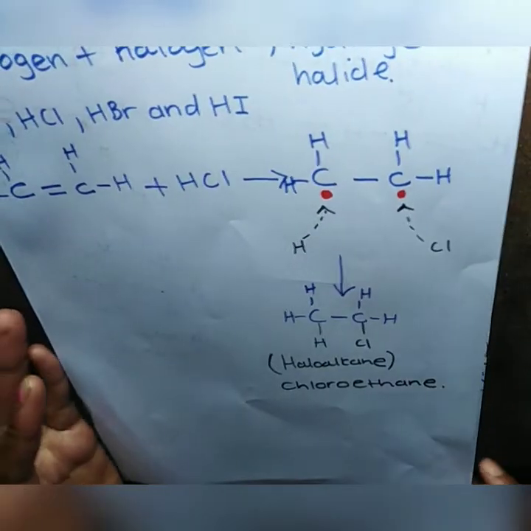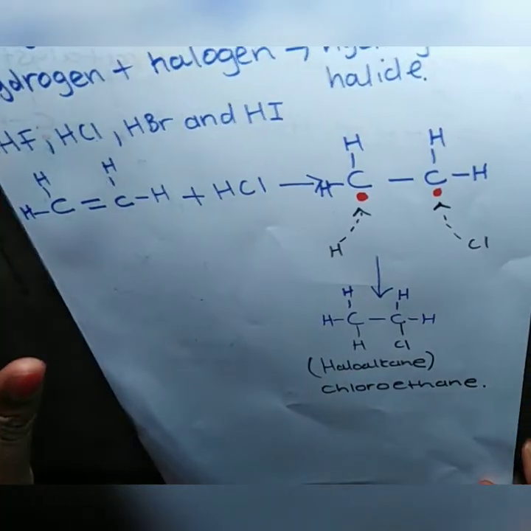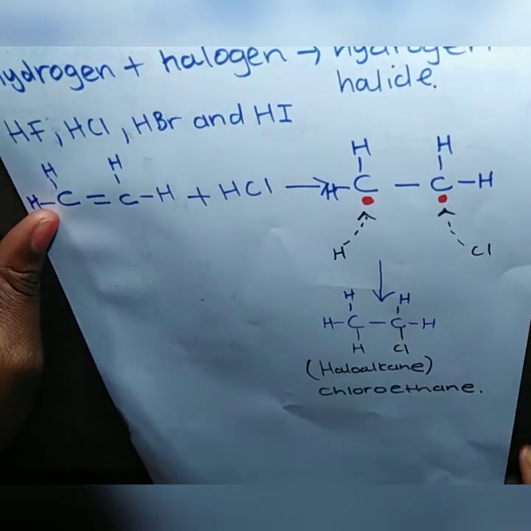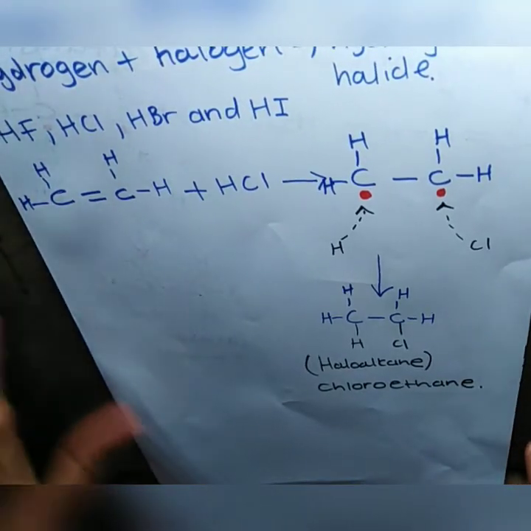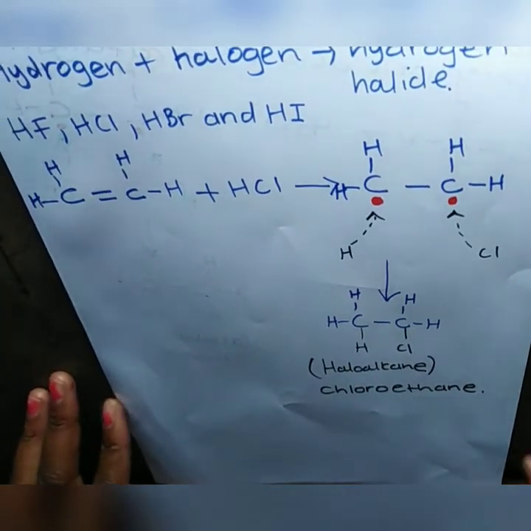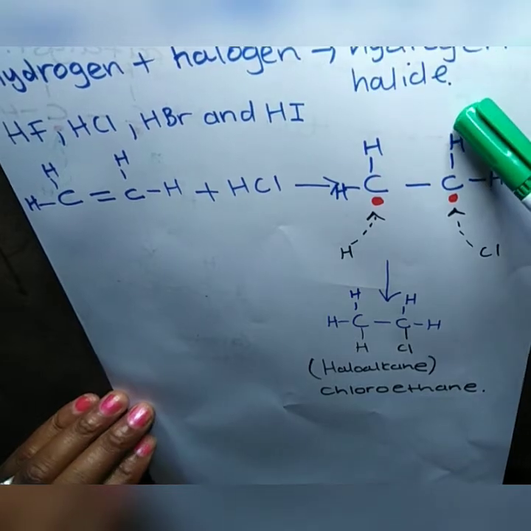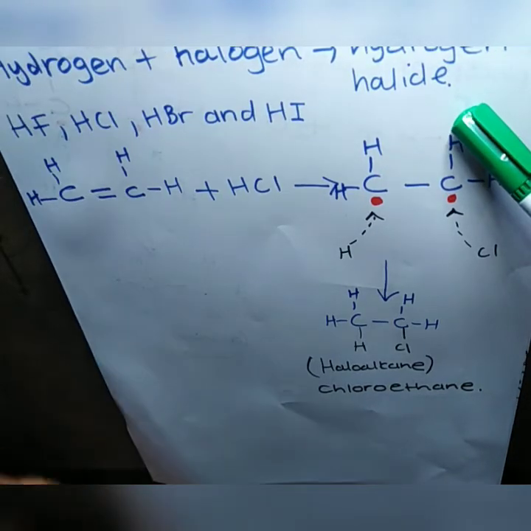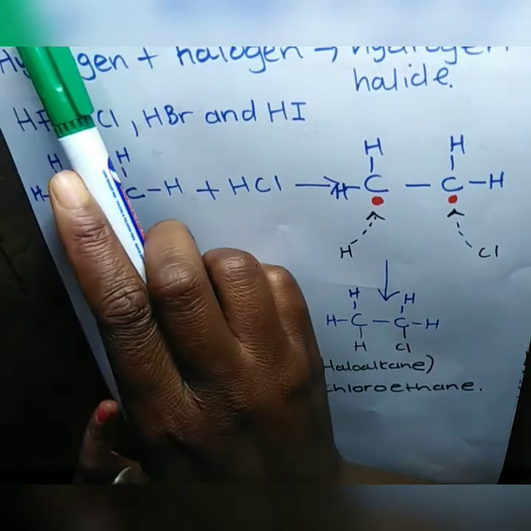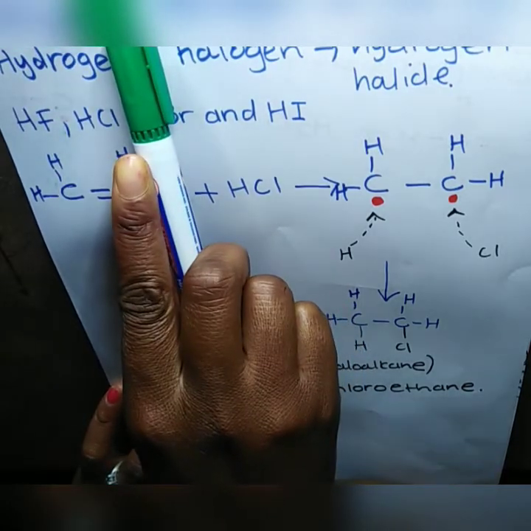hydrohalogenation. So for hydrohalogenation, we have a hydrogen that has reacted with a halogen to give us a hydrogen halide, right? Hydrohalogenation, hydrogen plus halogen.